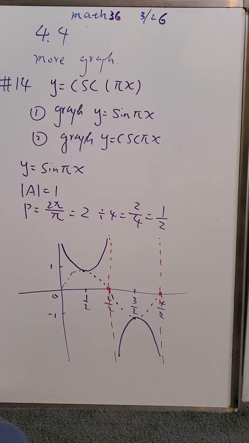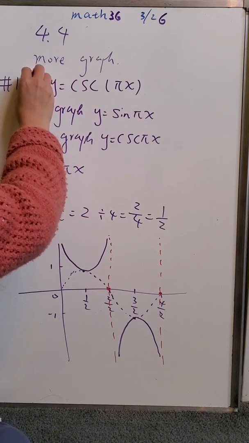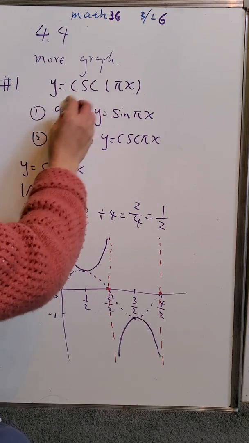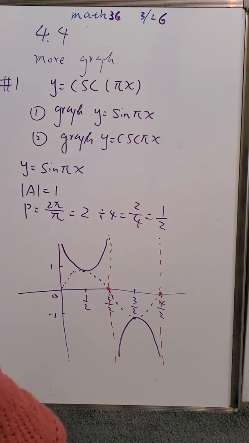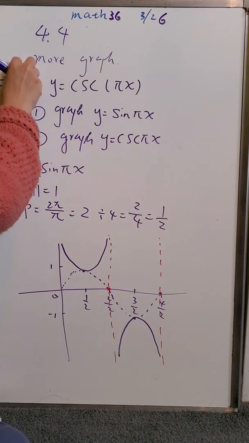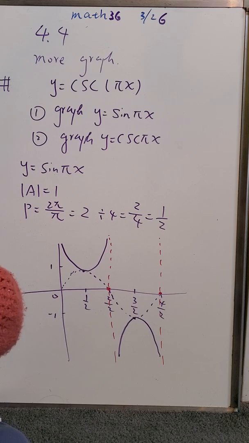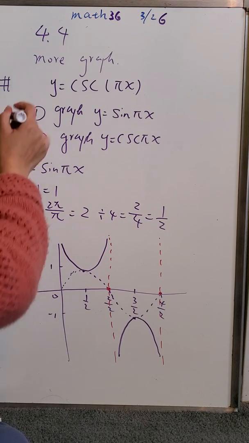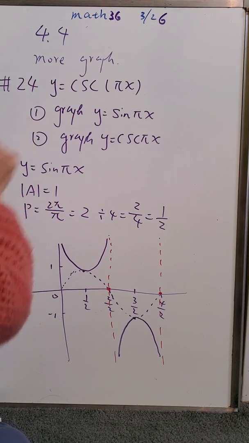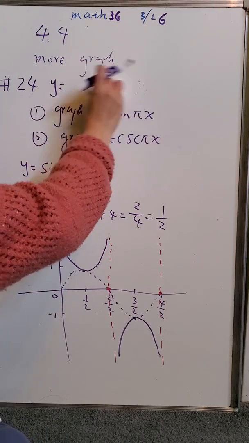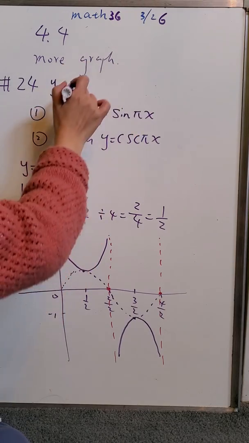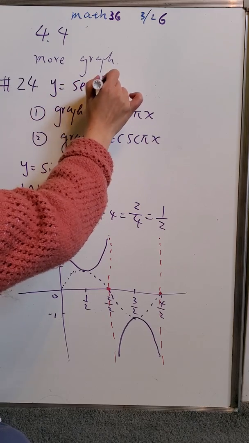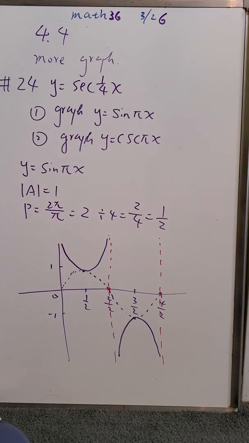The next one we're going to learn how to graph is the secant. That is problem number 24. We learn how to graph with secant. Y equals secant 1/4x.